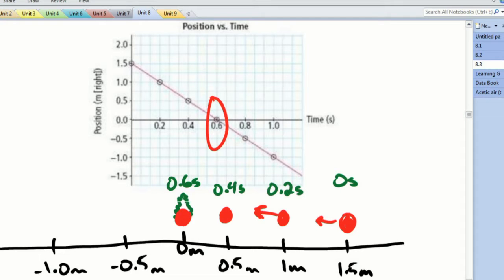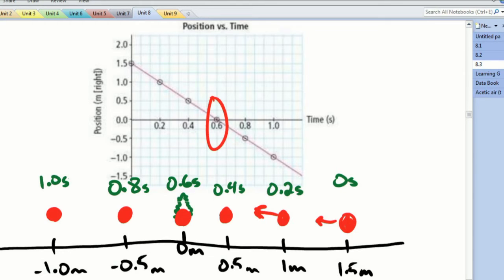And you can imagine at 0.8 seconds, my object is at negative 0.5. And then at 1 second, my object is at negative 1 meter. Does that make a little bit more sense to just describe the object moving like that?